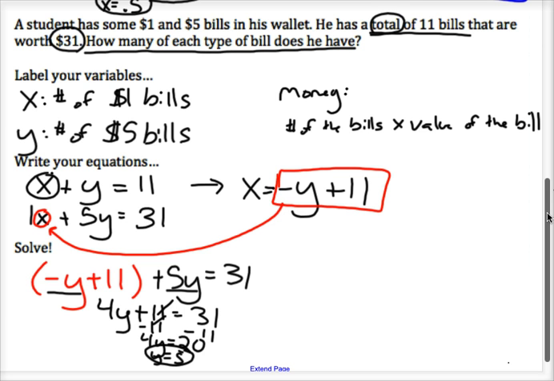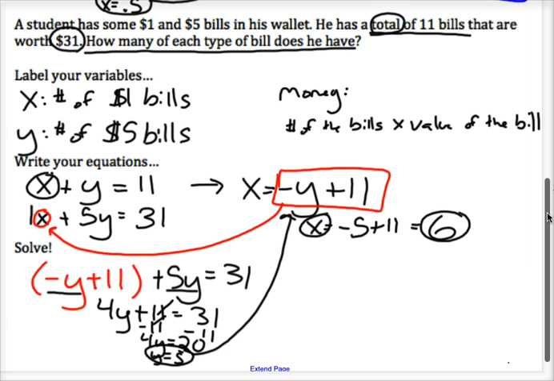So I have one of my variables solved for, but remember that isn't enough. We're not done yet. I need to plug it in to the box I made to get my other variable. So x equals negative y, well, we already said y is 5, plus 11. Negative 5 plus 11 is going to be 6. So x ends up equaling 6.